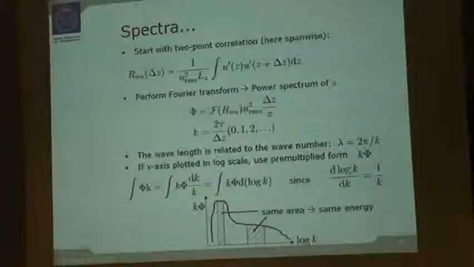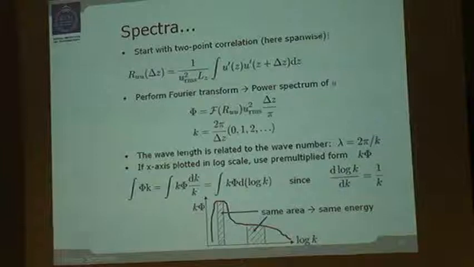However, if one uses the so-called pre-multiplied spectrum, if one multiplies this phi here with a wave number, then we can still, even if the x-axis is plotted in logarithmic scale, compare the areas below the curve and get a direct comparison between the energies contained in various scales. This is the reason why such spectra for boundary layer flows are usually plotted as pre-multiplied spectra.